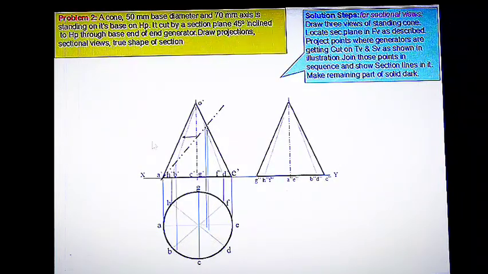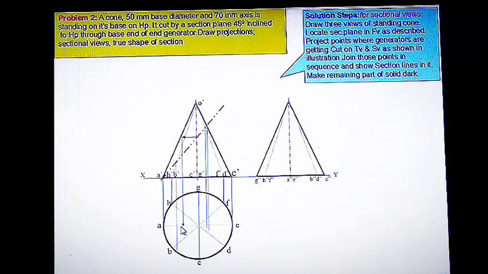Okay, so the outermost generator represents the true dimension. So we have to project it into that true length side, and now you can project it downward and you will get this horizontal distance.